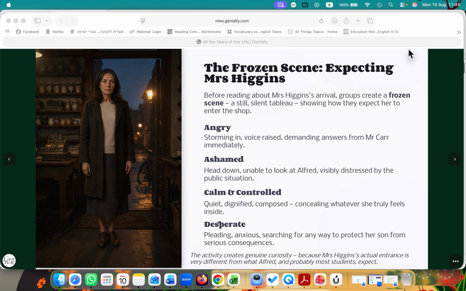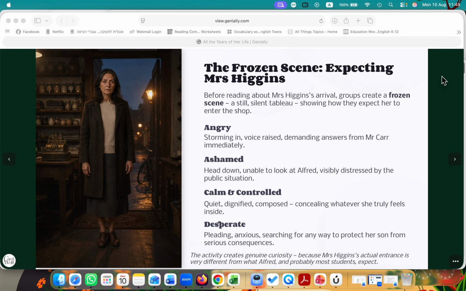Now, before reading about Mrs. Higgins' arrival, groups build a frozen scene, a still, silent snapshot, showing how they expect her to walk in. Angry and storming in, or ashamed, unable to look at Alfred, calm and controlled, hiding what she feels, desperate to protect her son.